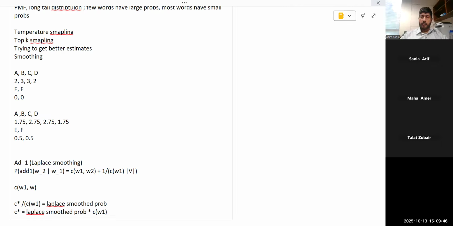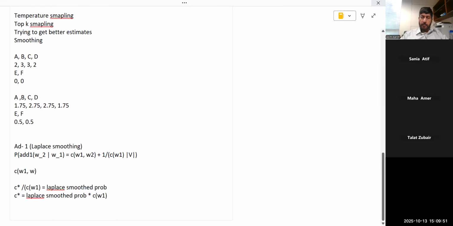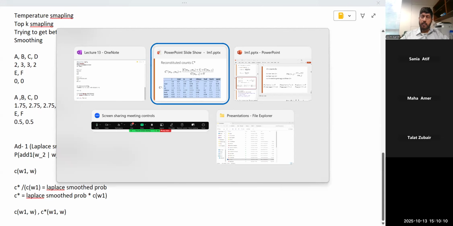ठीक है. सो इन अदर वर्ड्स, आपके पास ओरिजिनल C W1 W2 था, और आफ्टर लप्लास स्मूथिंग आपके पास C स्टार W1 W2 आ गया. एंड नाउ वी वांट टू कंपेयर कि C और C स्टार में फर्क क्या है, एंड विच इज गिवन इन दिस स्लाइड हियर.